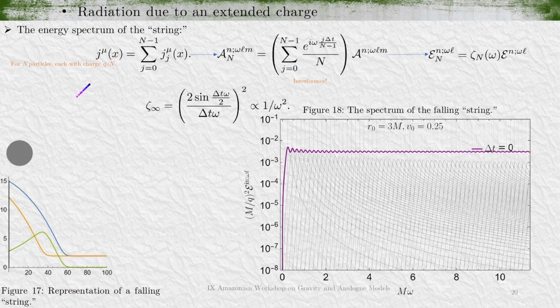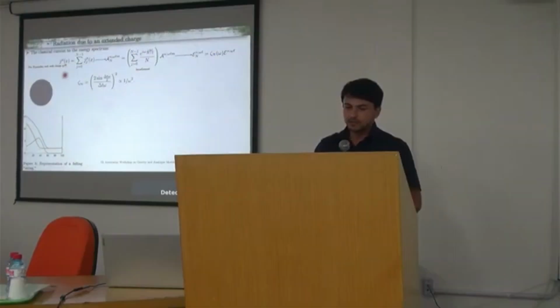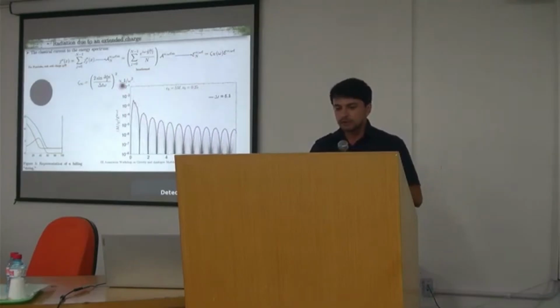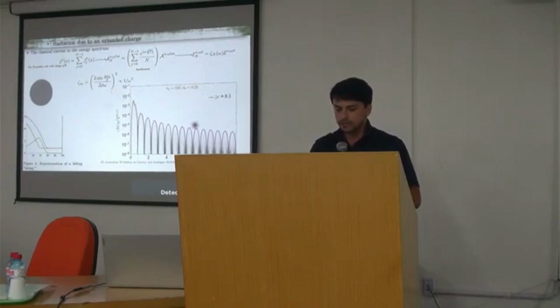When we release these charges one after another, phase factors appear in the emission amplitudes associated with each charge. When we take the limit of n tending to infinity, this will produce a multiplicative factor in the partial spectrum, and this additional factor decays as 1 over omega squared. So this completely governs the behavior of the spectrum for higher frequencies, as we can see applying it to a test spectrum, for example.